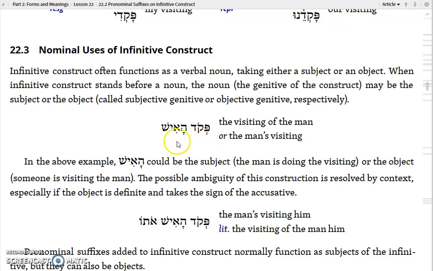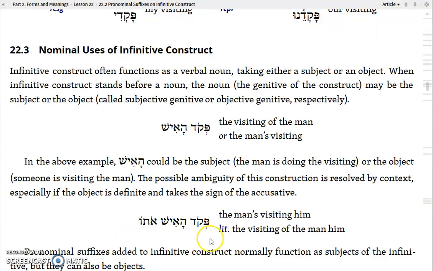But if it's just construct relationship, it could still mean the same thing. So it could be the subject, the man is doing the visiting, or the object, someone is visiting the man. The ambiguity is to be resolved by the context.